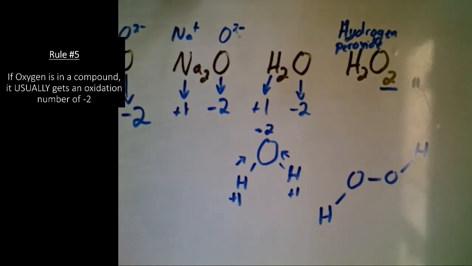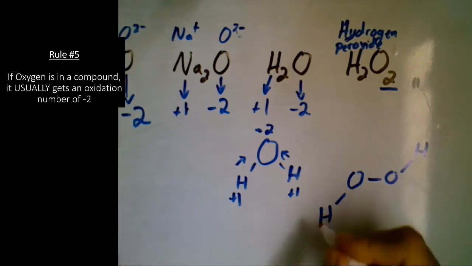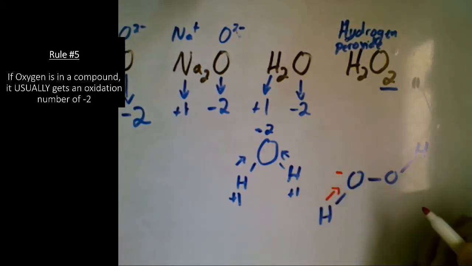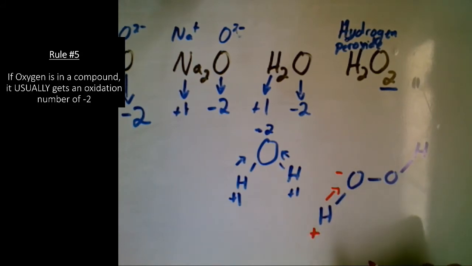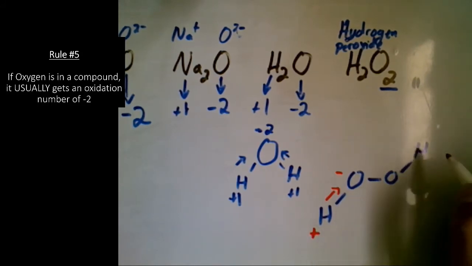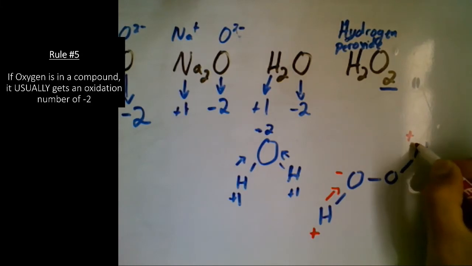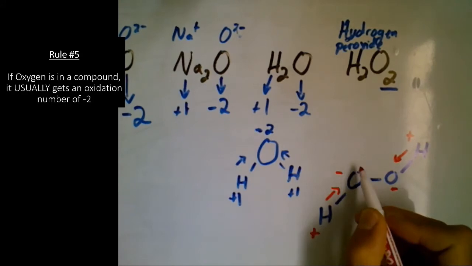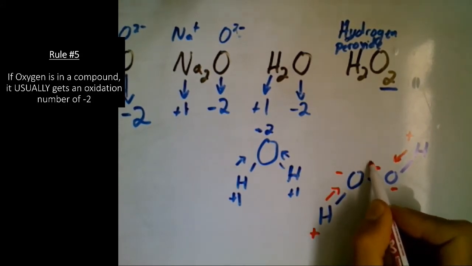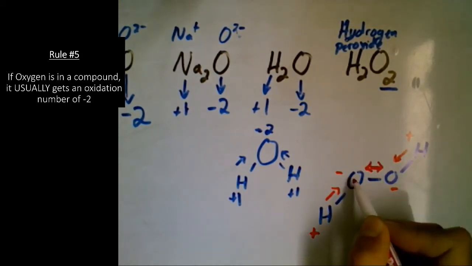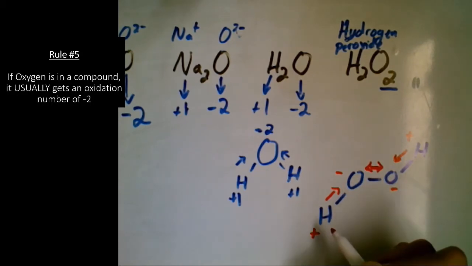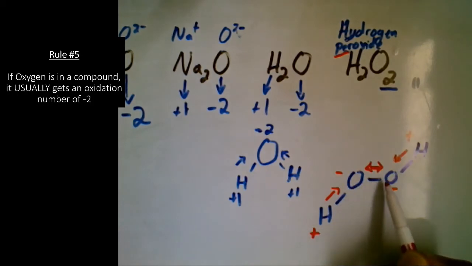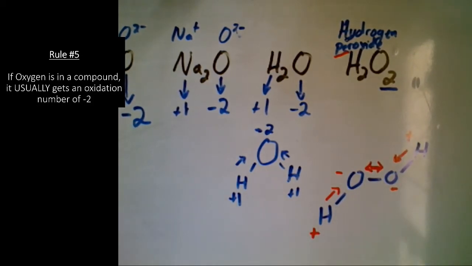What's happening in this structure is this oxygen is gaining an electron from the hydrogen. So the hydrogen is going to get its positive. This hydrogen over here, same thing, gets a positive by giving up its electron to this oxygen. But here, there is equal pulling in both directions because oxygen is bonded to oxygen. That is literally what a peroxide is, 2 oxygens bonded together.